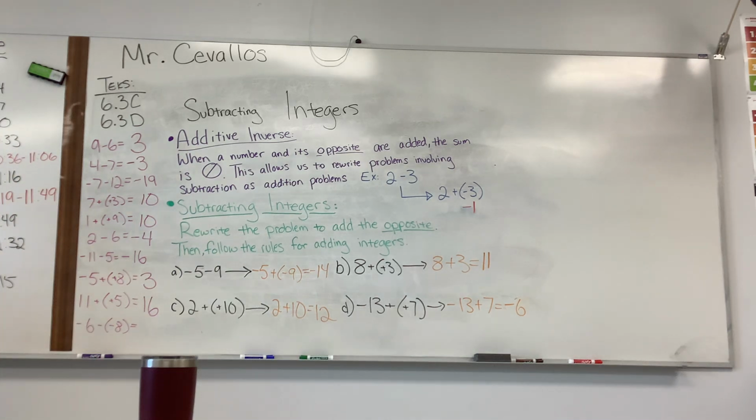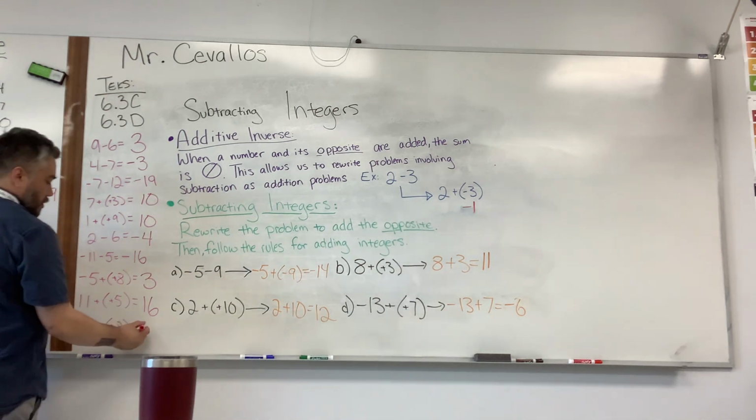Negative 6 minus negative 8. You add the inverse: negative 6 plus 8. So you owed your bank $6 and then you got a deposit of $8. Remember, deposit means positive. So you had a positive value of $8 in there, but you still have to account for the negative $6 that you owe.